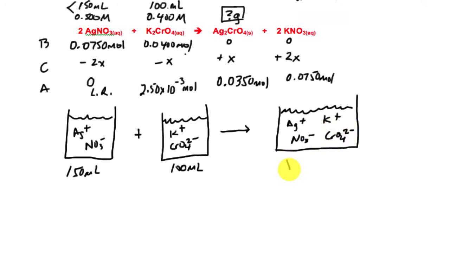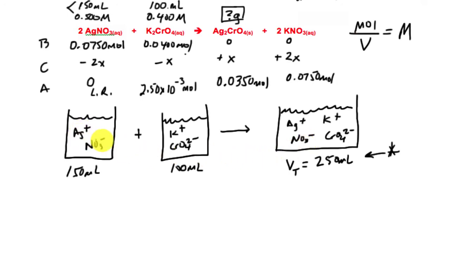And my total volume afterwards is going to be equal to 250 milliliters. Very important to realize. Why? Because solutions change concentration as the volume changes, right? Molarity is moles over volume. If I'm changing the volume from 150 to 250, I'm changing my molarity. So be careful with this, okay?